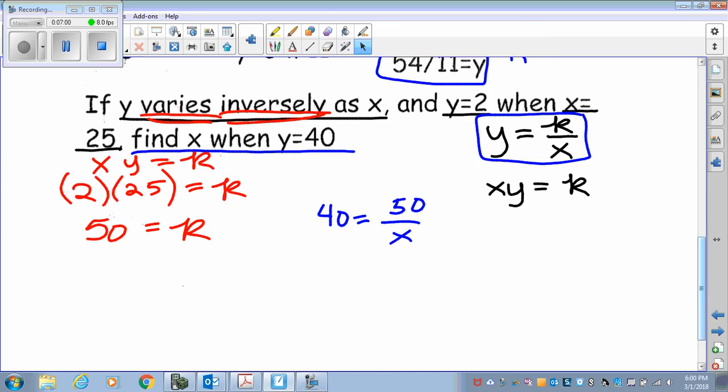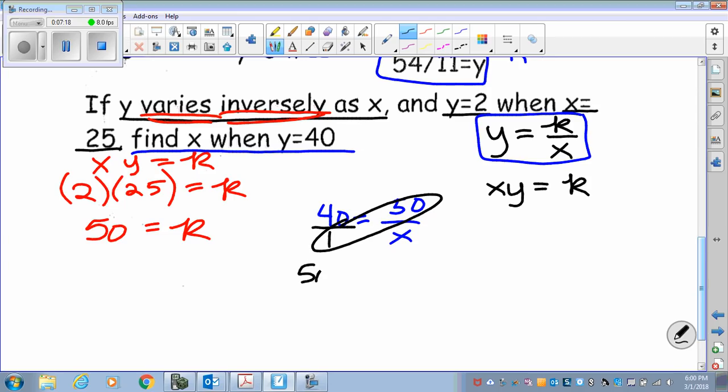Anytime you have something like that, it's helpful to go ahead and make that into a proportion, and then we can cross multiply. So I'll get 1 times 50 is 50, and 40 times x is 40x.